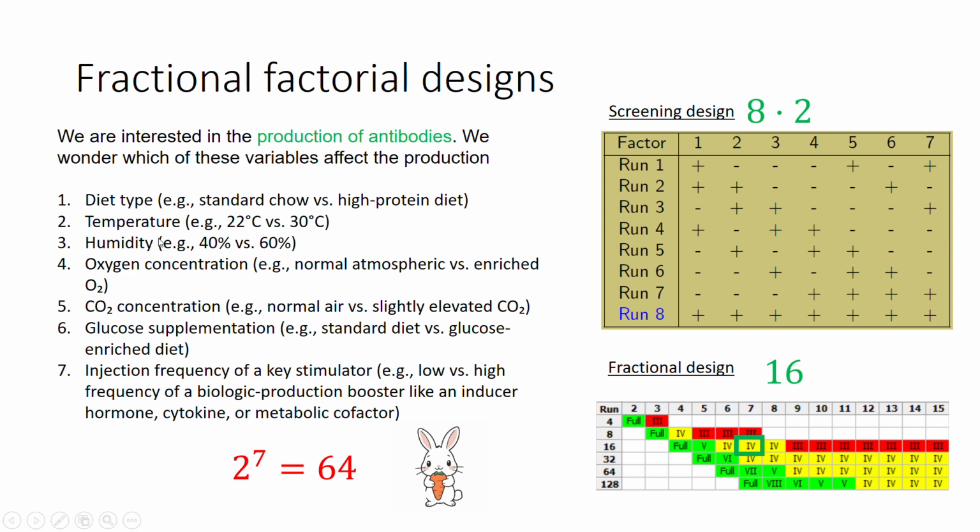You can change many things. You don't know which one of them will have an effect on the production of antibodies. And then if you want to do all possible combinations, it is 2 to the 7, because you have 7 factors, so you would have 64 combinations of factors. Do we really need to do the 64 experiments?